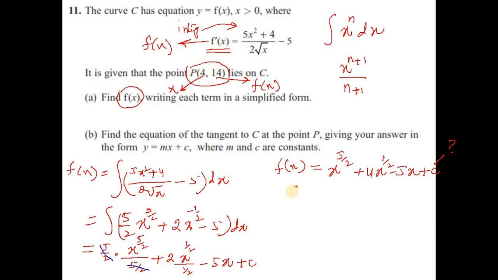So I can say that 4 to the power 5 by 2 plus 4 into 4 to the power half minus 5 times 4 plus c is equal to f of 4, and f of 4 is 14.